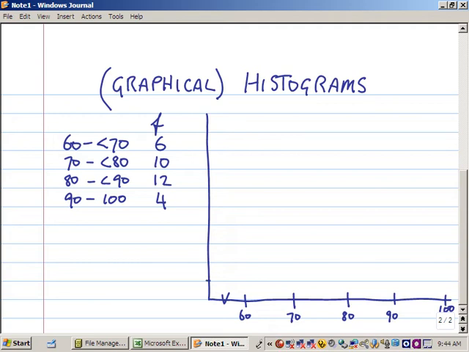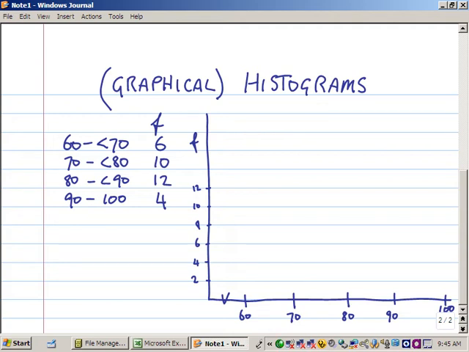So we'll go 2, 4, 6, 8, 10, 12. And in this case we'll have frequencies, but as we'll see later, we can't always chart the height as the frequencies. In this case we can, because each of these intervals have the same width. That is, each of these intervals are 10 units wide.